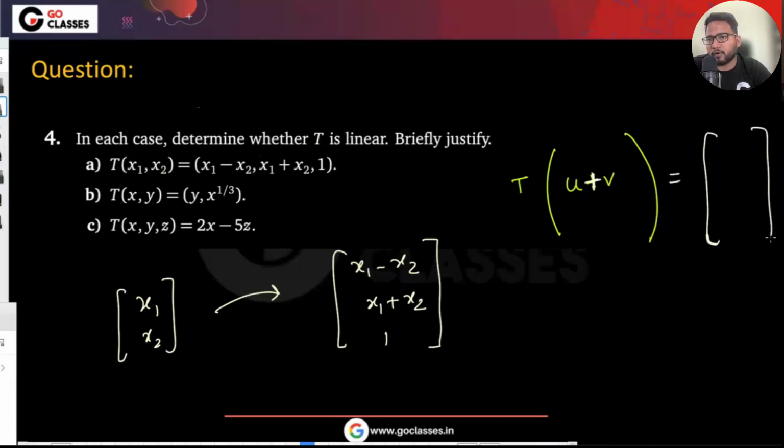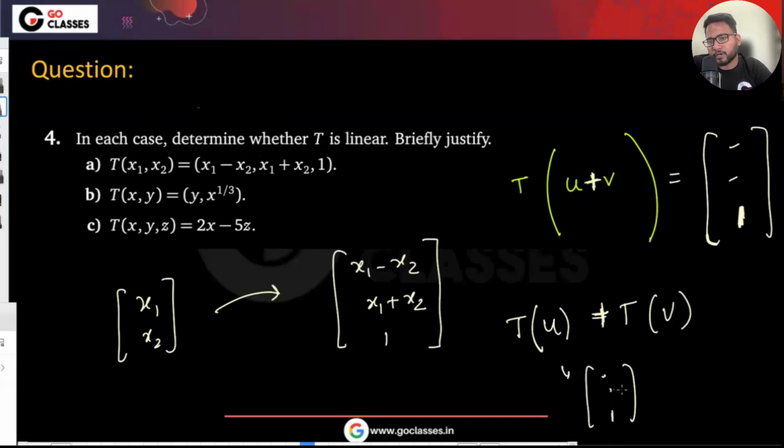I do not even care about the other values, but ultimately this is one. But if you take them individually, here also you will be getting one. But if you add them individually, don't you think it will be two here? But if you do the transformation on the sum, it will be one here. Are you getting my point?